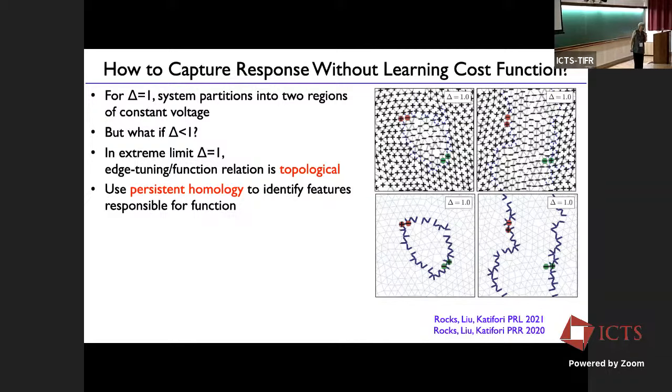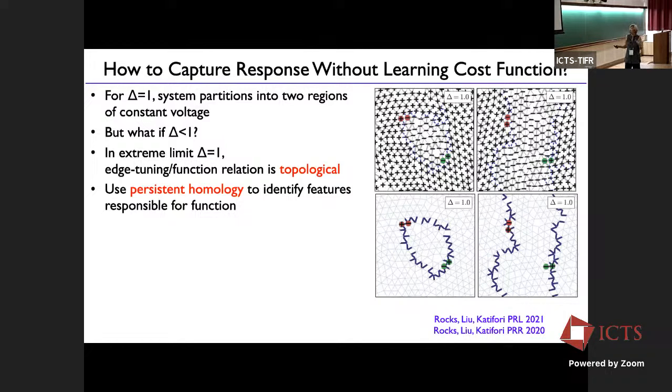That led us to ask whether persistent homology could help us. Persistent homology is a method that has been developed by topologists to find topological features that are robust to noise. In this case, we have no noise. But if we're tuning the system not to delta equals 1, but 0.9 or 0.1, the system will not break up into two sectors.